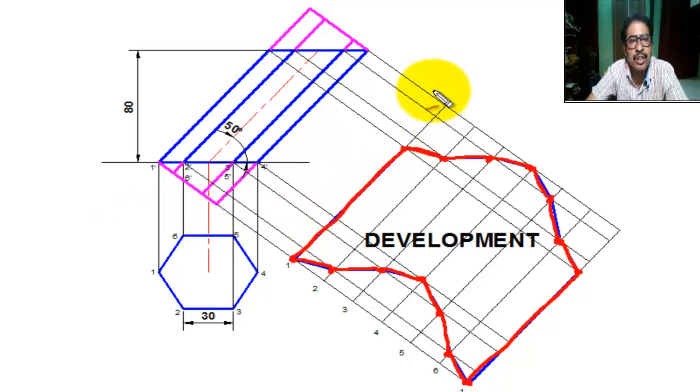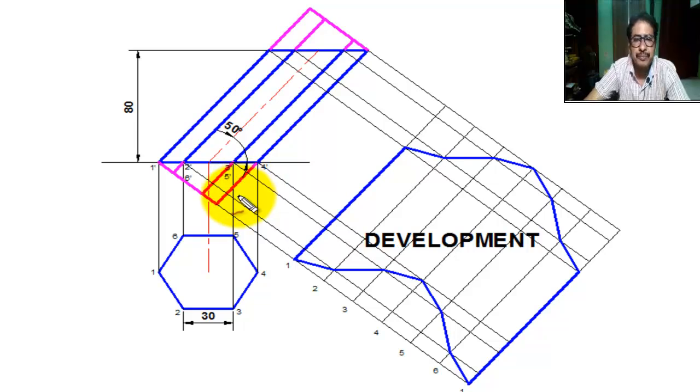All these black lines are thin continuous lines, and this line, this line, this line, this blue line will be thick dark line, and also this line will be thick dark line, and text will be 5 millimeter height, and this text will be 2 millimeter height.